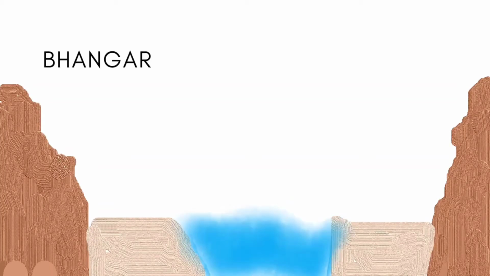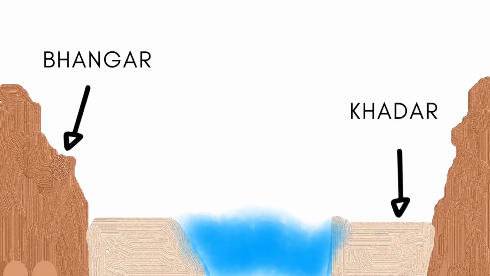Okay, and then as it flowed, its banks got new alluvium soil. The old alluvium soil is called Bangar, and the new alluvium soil is called Khadar.